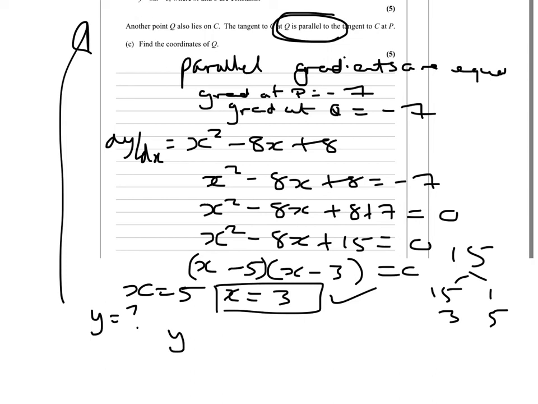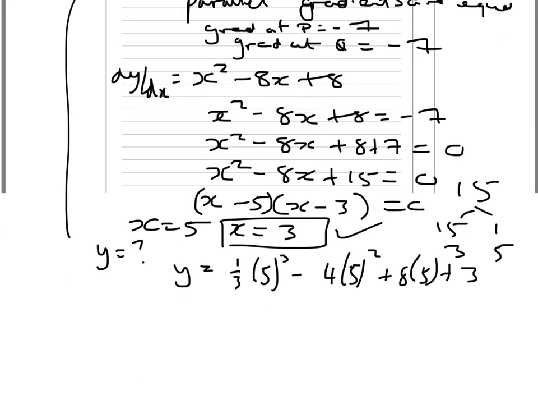So y equals 1/3 times 5 cubed minus 4 times 5 squared plus 8 times 5 plus 3. And of course, no calculators. It becomes just a bit awkward because of the fractions. We have 125 over 3 minus 100, 4 times your 5 squared, plus 8 times 5, which is 40, plus 3.